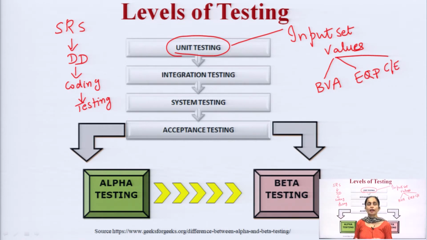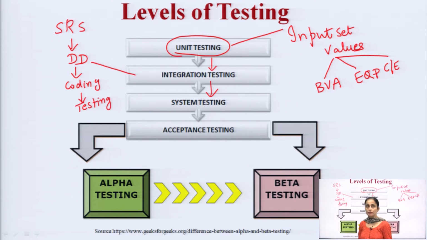After they are unit tested, let us proceed to integration testing. The different modules are now integrated together and checked as per their design document, whether our design document is right or not. Then we move on to system testing.